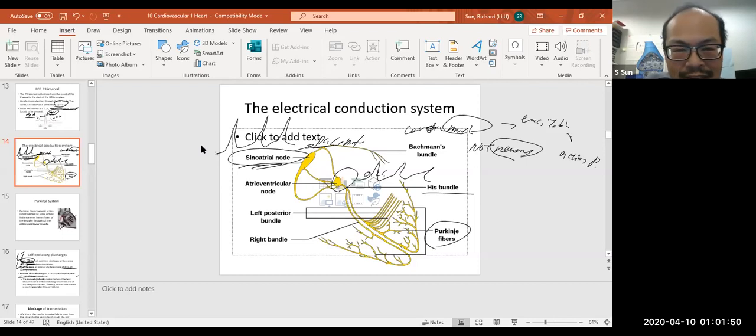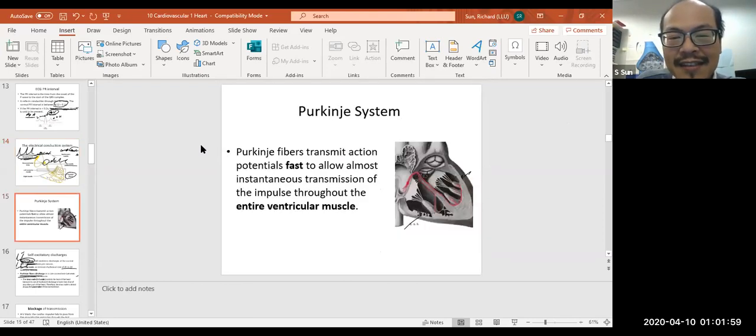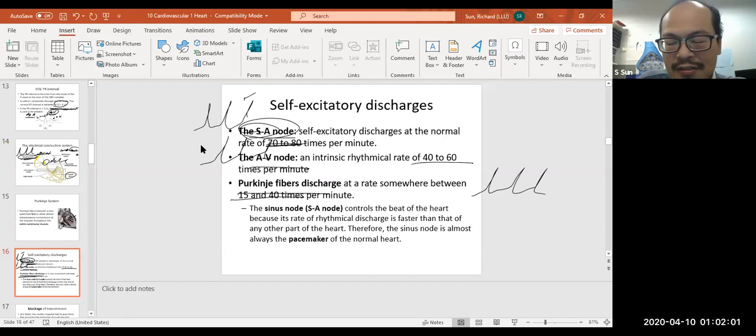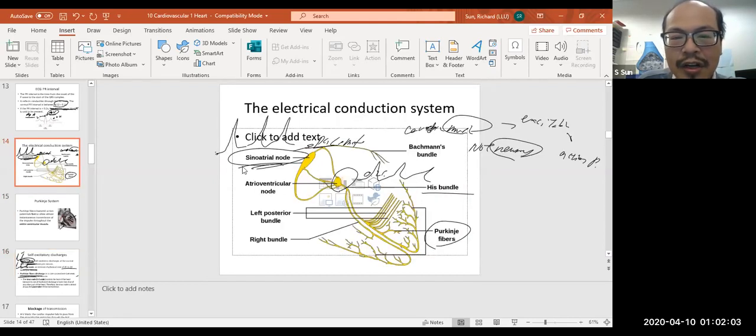However, if this SA node is injured, say our atrium has entire failure, then the AV node, which was before dominated by the SA node, now is not. The AV node can generate its own action potential.